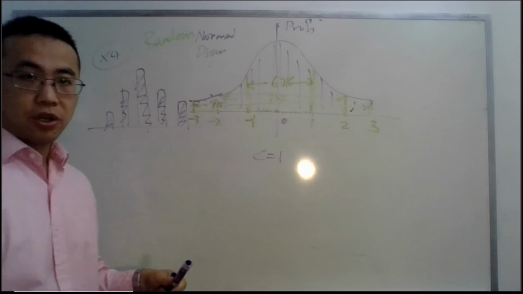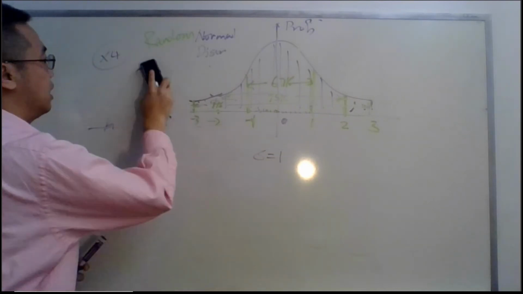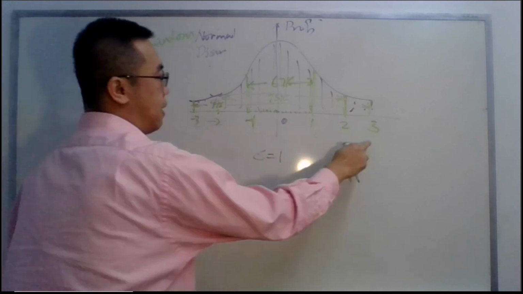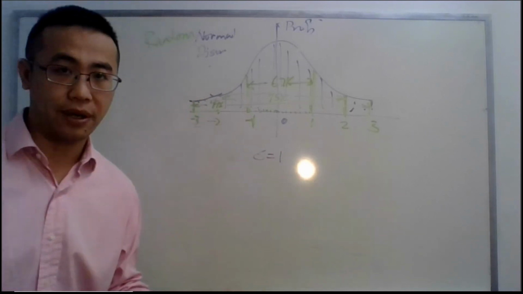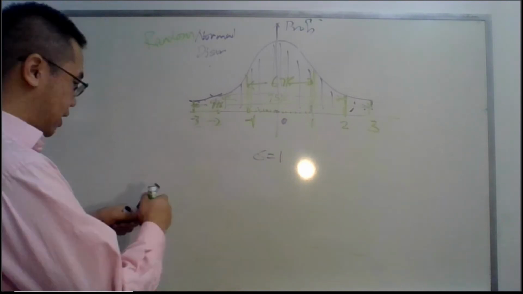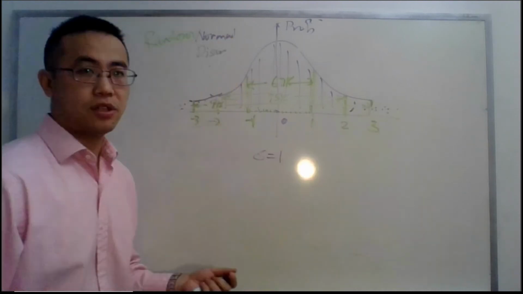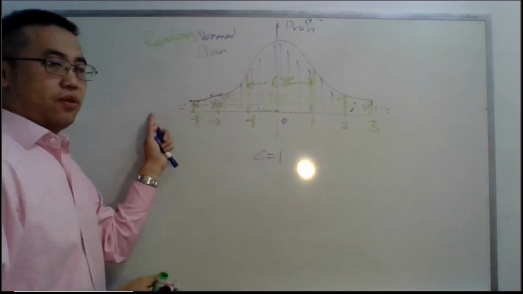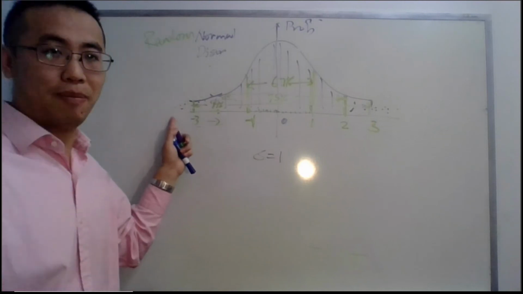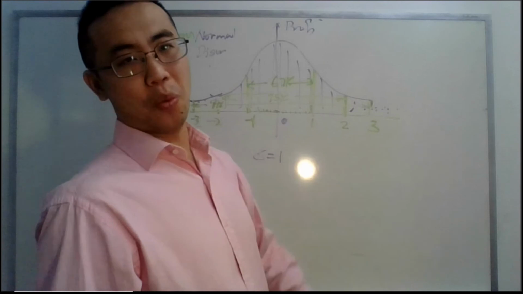So under this normal distribution, both negative 3 and positive 3 would be very extreme numbers, and it is quite unlikely for any return to happen out there. If you have a negative 4 happening, it's going to be less than 1%. If you have a positive 6, it's going to be much less than 1%.